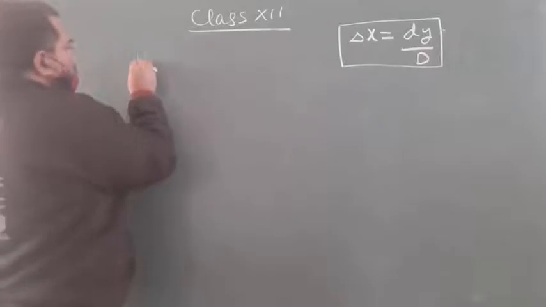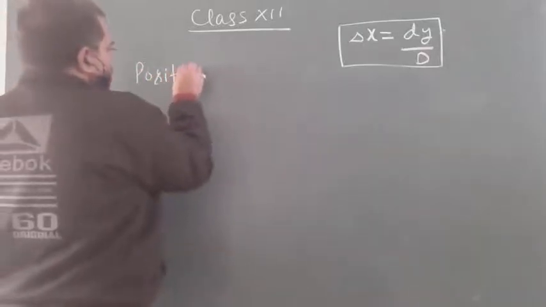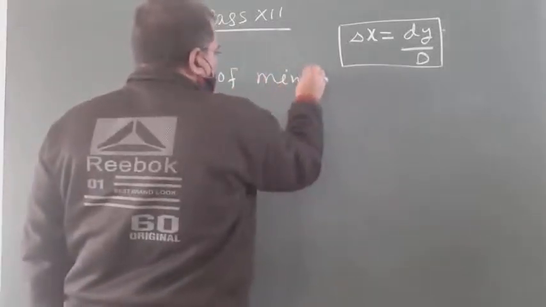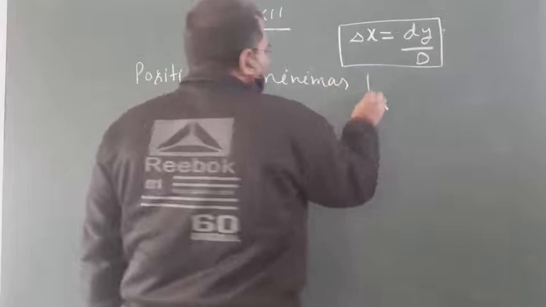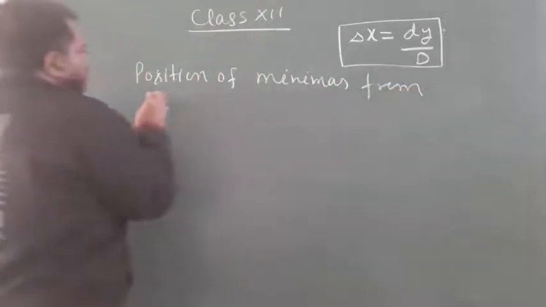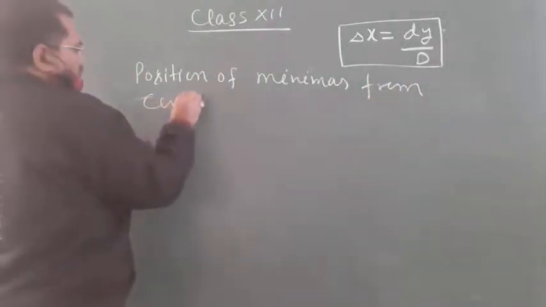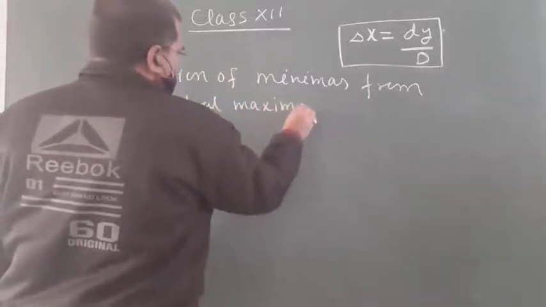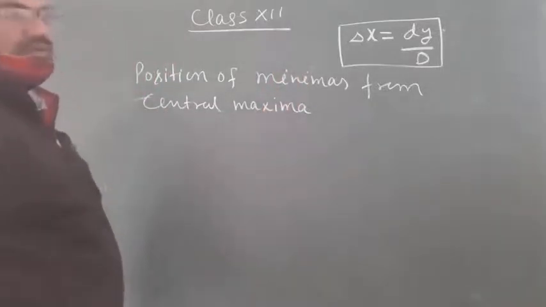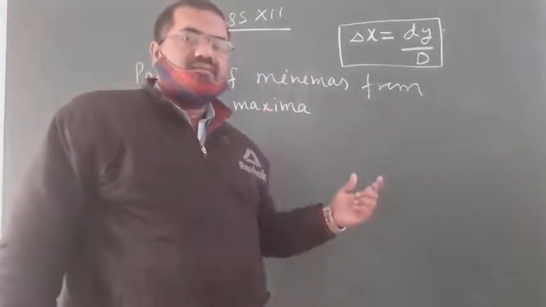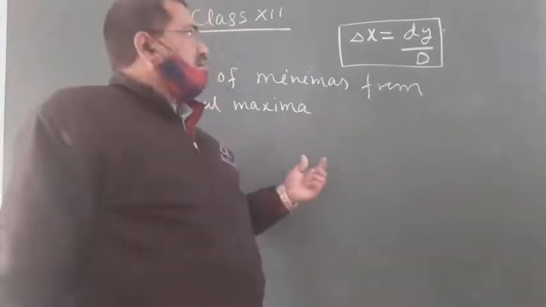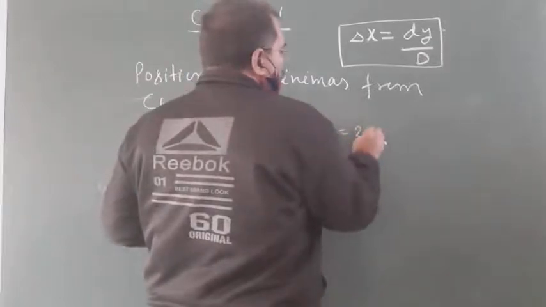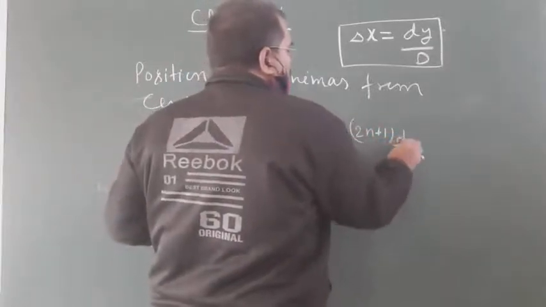Now for position of minimas from central maximum. For minimas, you already know that delta x must be (2n plus 1) lambda by 2.